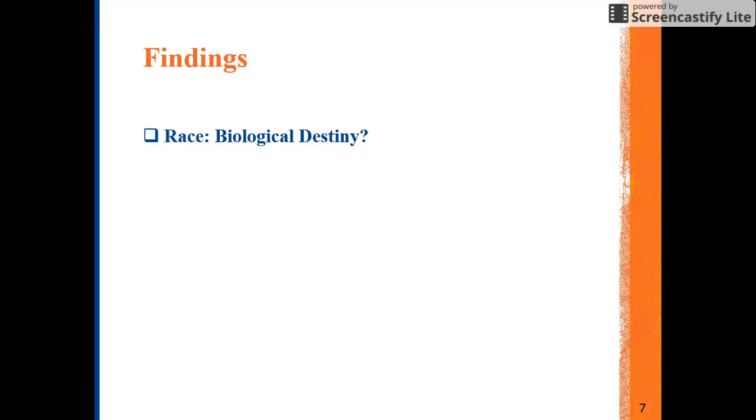Here come the findings. First, about race. Are there biological differences or are they just social differences? The findings section starts with an example of students writing a screenplay and having difficulty relating to people who are of a different color.